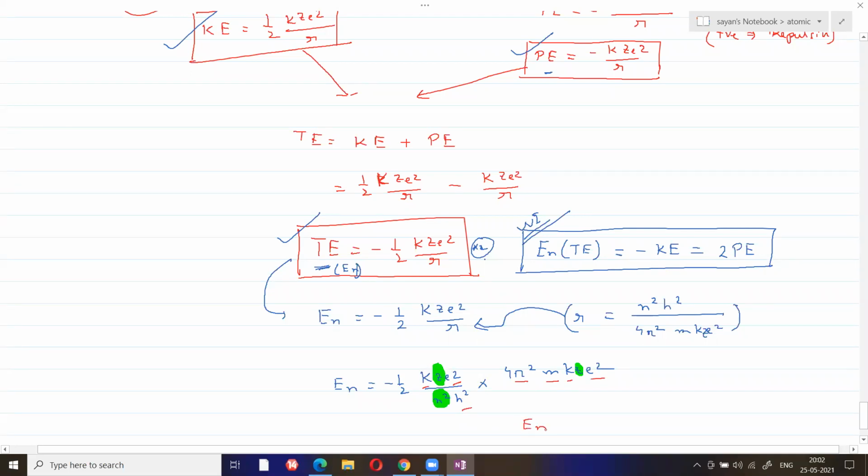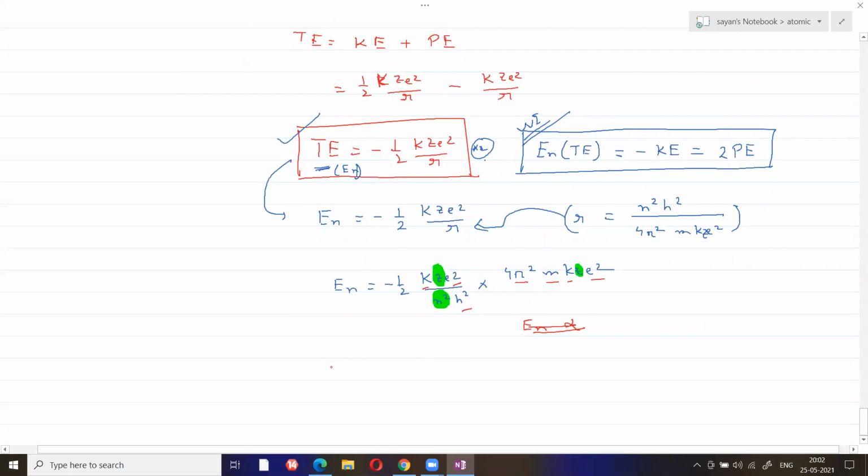So En is proportional to, or if you put all the values, this En value becomes minus 13.6 z square by n square electron volt.